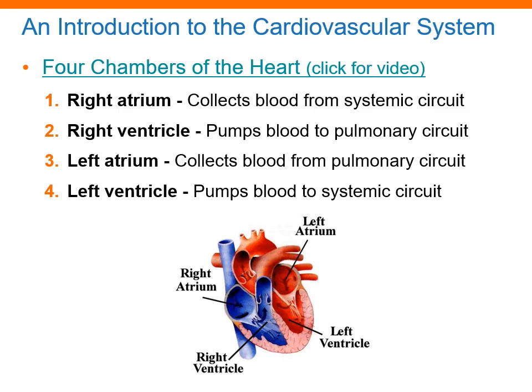So the lungs go right in between the right ventricle and the left atrium, right? That blood flow. And please become very familiar with the path of blood flow. The left ventricle pumps blood to the systemic circuit. That means the left ventricle generates the highest pressure in the entire body, right? Because it's pumping blood throughout the majority of your body.